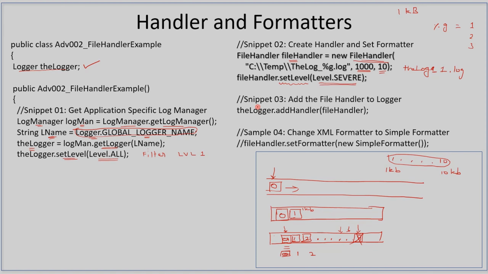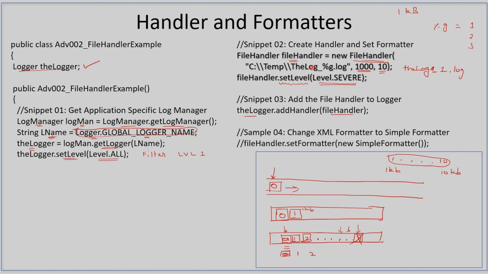Alright, next if you see the logger.addHandler, we already have the logger and we set the level as all, and at the handler we set the level as severe. Then we are attaching our file handler to the logger. In the previous slide we talked about a logger can have multiple handlers.